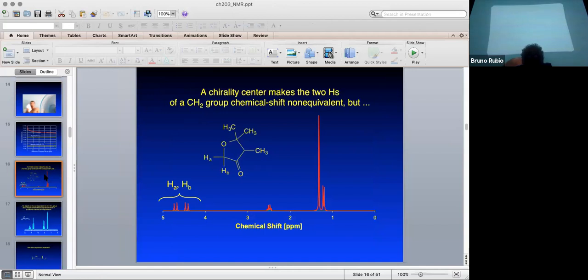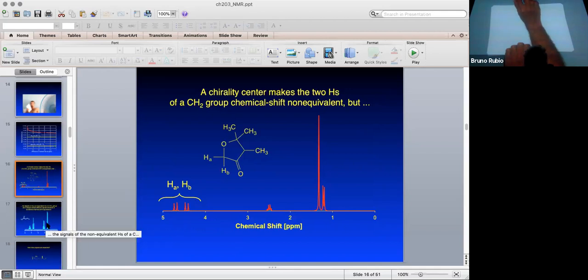Notice the chirality center doesn't have to be next to the protons under observation, it just has to be somewhere in the molecule. And what we see here is that the HA and the HB give this pair of beautifully separated signals. This is a very nice demonstration of how the two protons are not chemical shift equivalent.